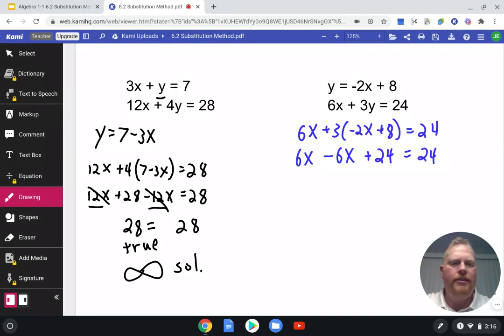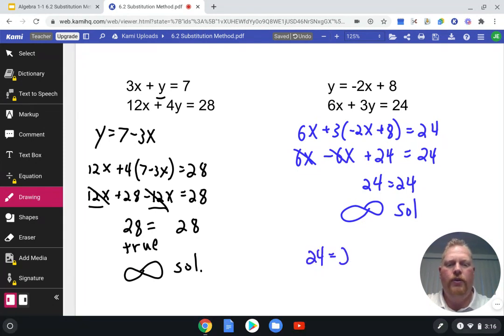All right, so in this case, the 6x and the 6x cancel out, and I get 24 equals 24, which is a true statement, so that's also going to be infinite number of solutions. However, if I'd gotten something like 24 equals 23, that'd be a false statement, so that would be no solution.